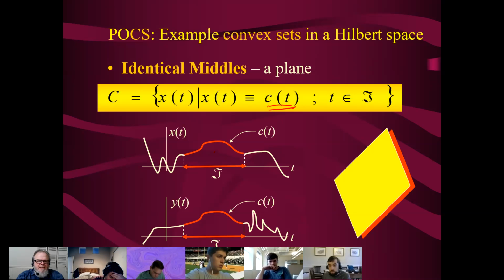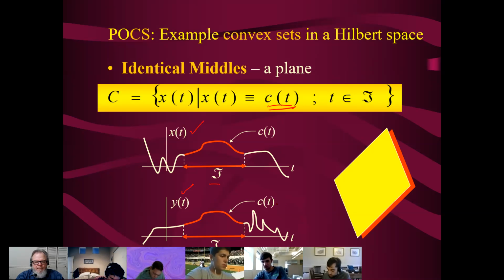And I don't care what it does in the tails. So you notice here, x of t is this and y of t is this one. And both of them look exactly the same on the interval. I think that's a script I or something like that. The tails are different.